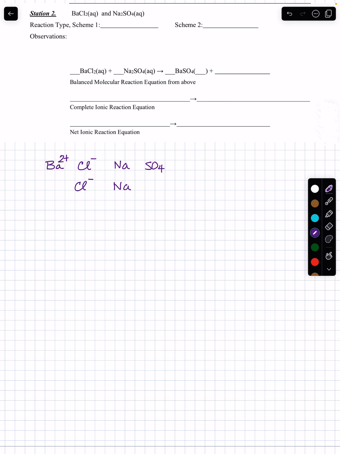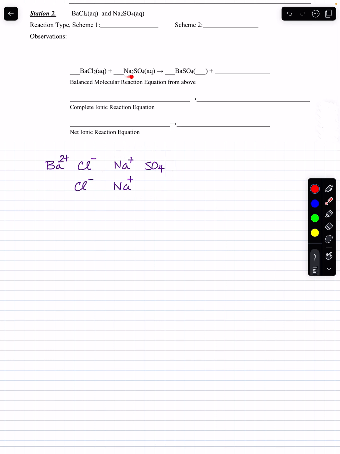The sodium is the first ion, sulfate is everything else, and that's going to stay together. So we need the charges on the sodium ions. Sodium is in group 1A, so it has a +1 charge. And then we can look up the charge for that SO4 ion, or we can figure it out by looking at what we've got here.